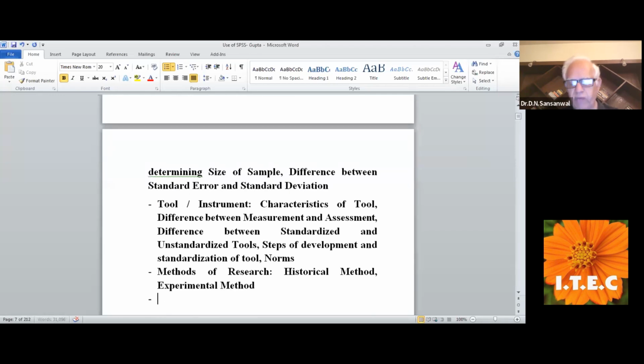So this is what will be under the data collection. Now, once you have collected the data, then is the data analysis.